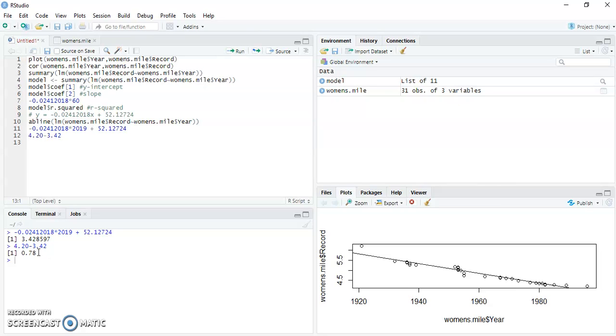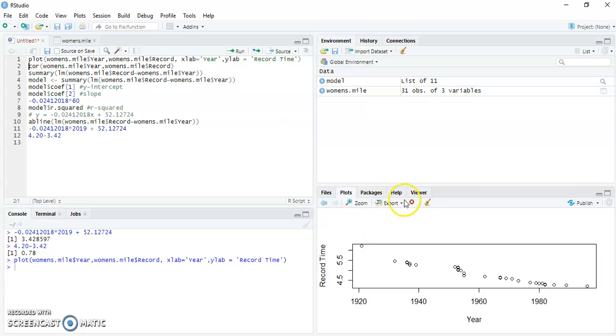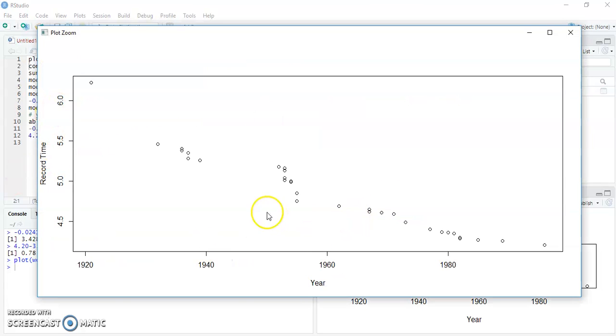Now, you can do some things to pretty up your scatter plot a little bit. If you want to do an x label down here, you could set it so it says year, and you could set the y label to be the record time, and that makes my scatter plot look a little bit more official.